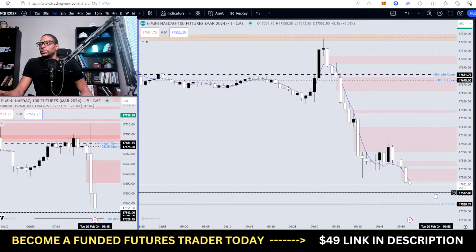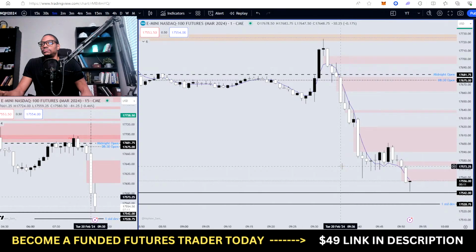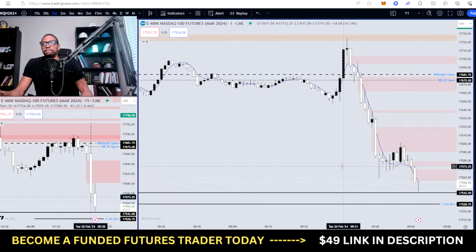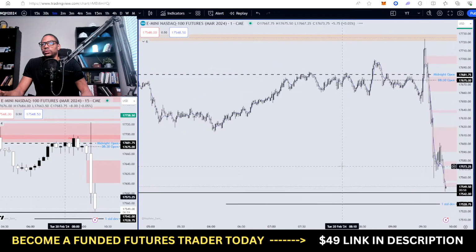Yep. So this would be the first low at 542. And then standard deviation is just a measurement. Trying to think, where did I pull that from?